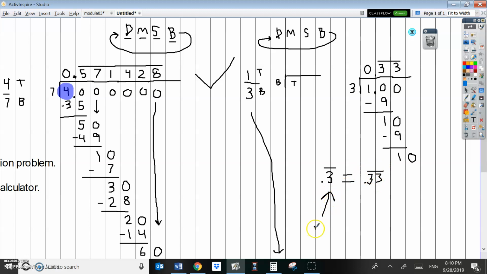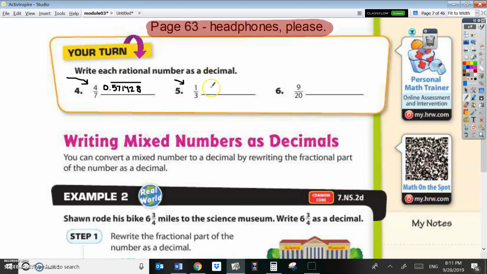This is the same as this. 0.3 repeating.